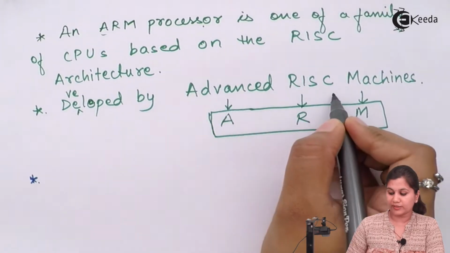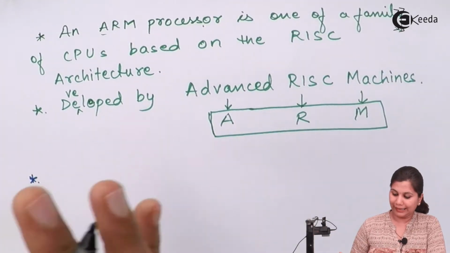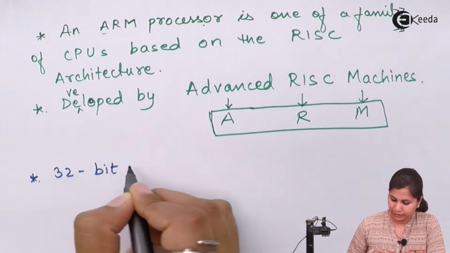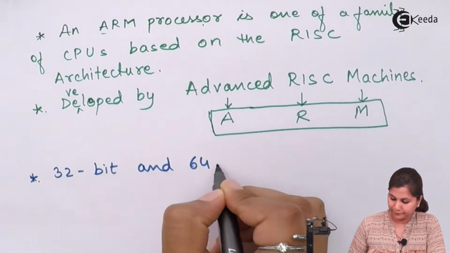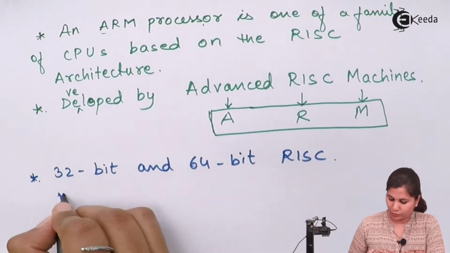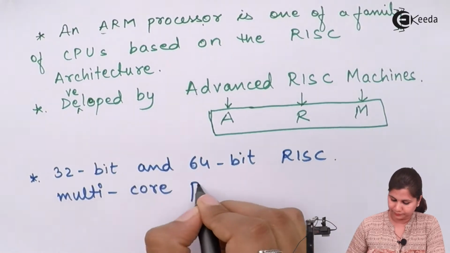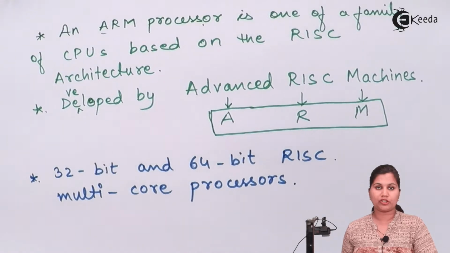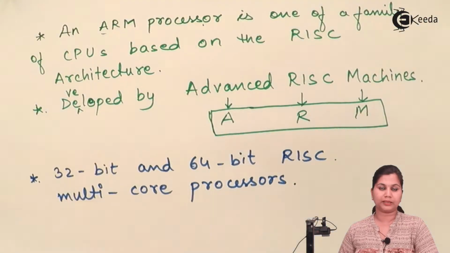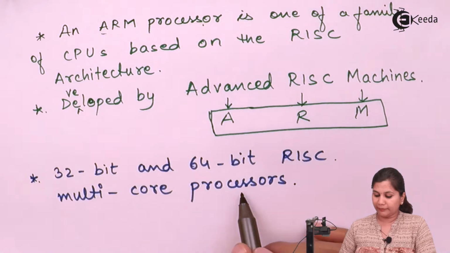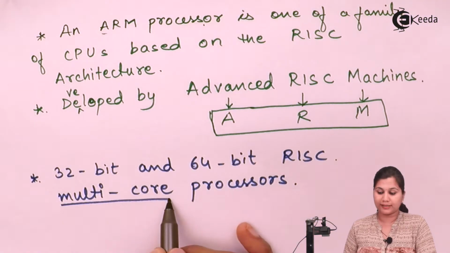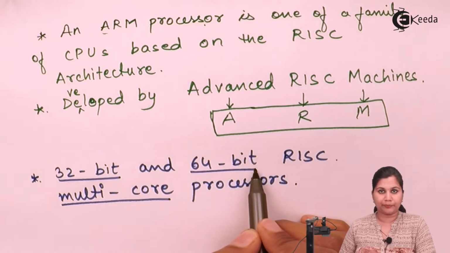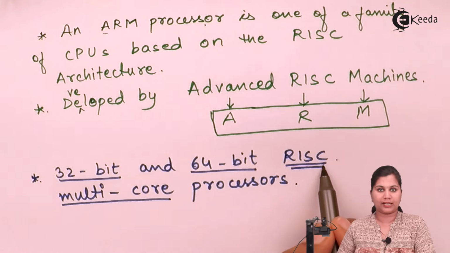Now this Advanced RISC Machine is a company, and this company develops 32-bit and 64-bit multi-core processors, which do the processing in computers, using 32-bit or 64-bit data, based on the RISC architecture.